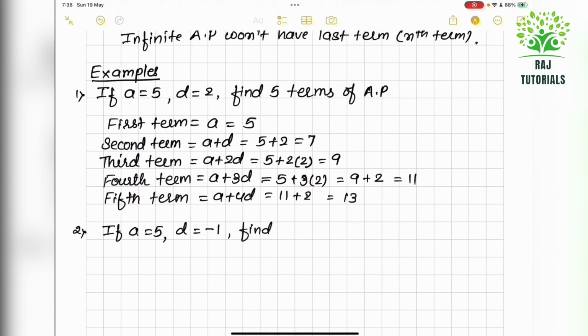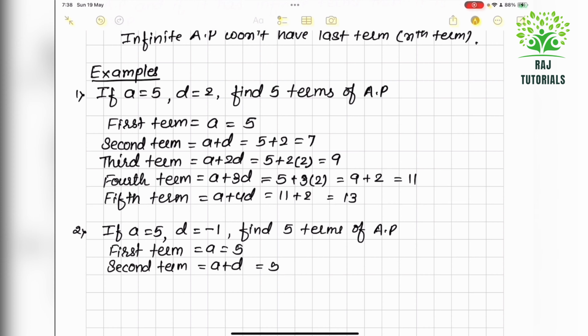So here the first term will be A, that is 5. The second term was A plus D, so that is 5 plus minus 1, so that will be 4.